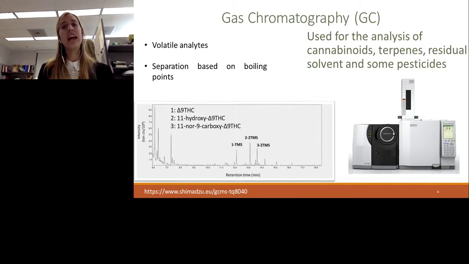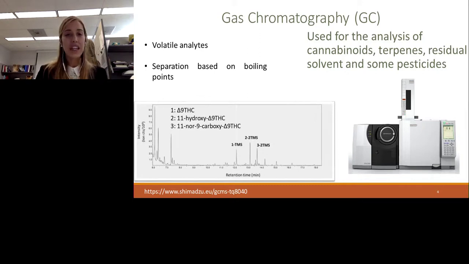But what it means is that the injection port is at such high temperatures that all the solvents and all the analytes are then going to be volatilized in the column itself. So to perform this type of analysis, of course, we require analytes that have lower boiling points, and the separation itself is actually based on the boiling, or more accurately, the dew point.